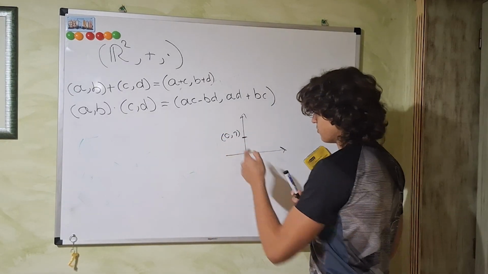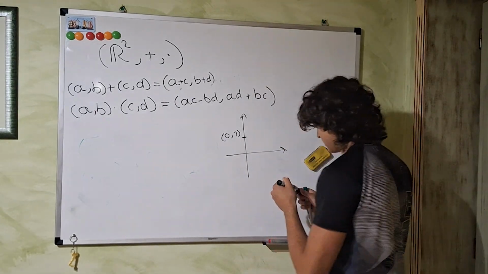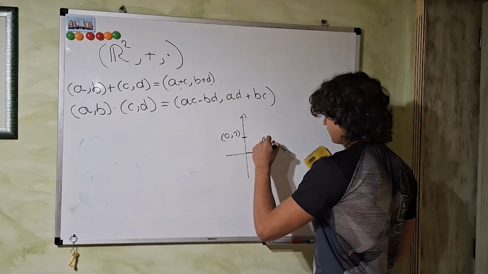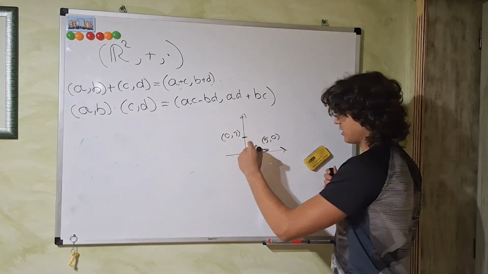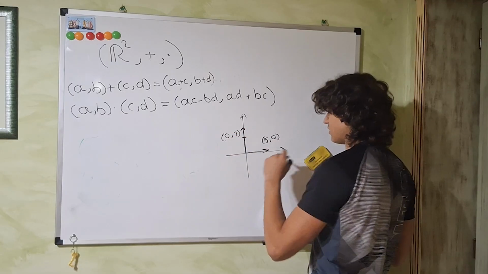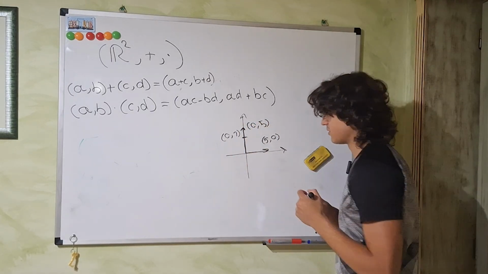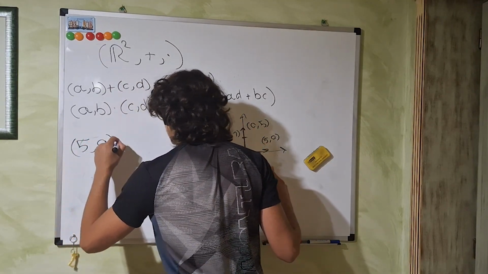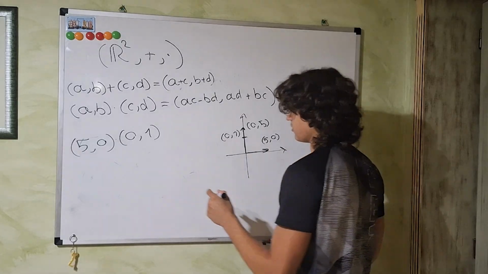If we take, for example, (5, 0), and we multiply by i, we get the same vector rotated by 90 degrees, same length. So we get (0, 5). Let's see whether this is true. So (5, 0) times (0, 1), this should be (0, 5).